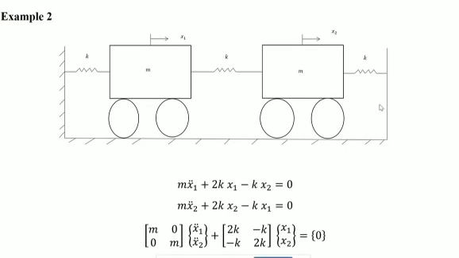And this is exactly why I take this problem, because this is exactly what happens for an aircraft. When an aircraft is moving, it is moving as a rigid body. Or a missile is moving, it is moving as a rigid body. So the first natural frequency is zero.